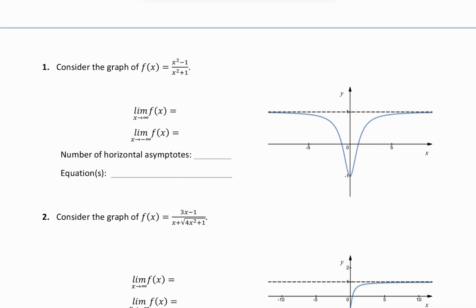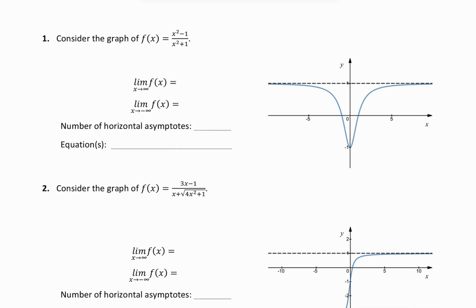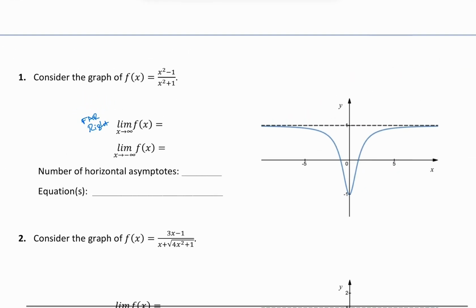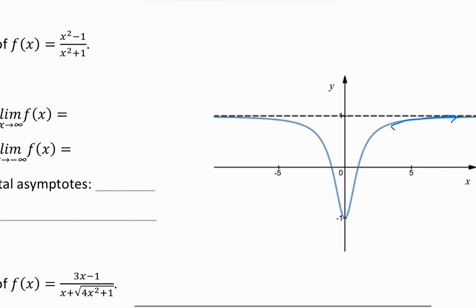So let's look at some examples. On number 1, here's our picture, here's our graph equation. Looking at that picture, I can see as we go to the far right, remember this means when I go to positive infinity, what happens to my graph? My graph is approaching this dotted line, which appears to be at y equals 1.